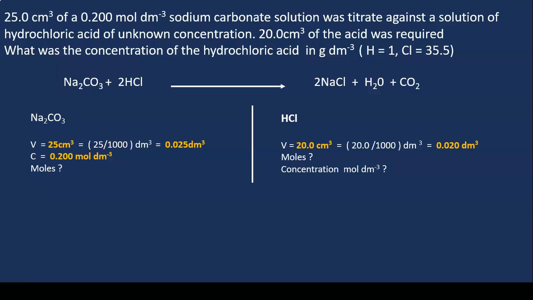Step 3. Calculate the number of moles of sodium carbonate. We start with sodium carbonate because we know the concentration of sodium carbonate, which is equal to 0.200 moles per decimeter cubed. We calculate the number of moles using this formula. The number of moles is equal to the concentration in moles per decimeter cubed times volume in decimeter cubed.